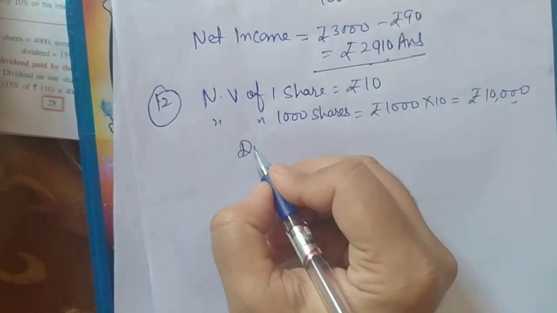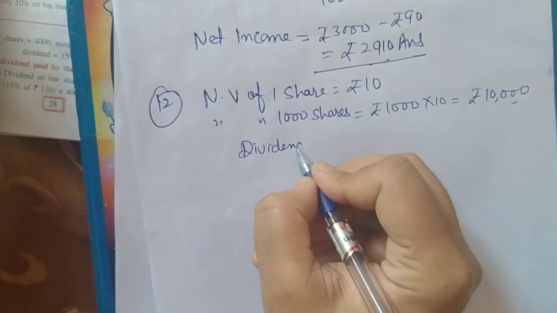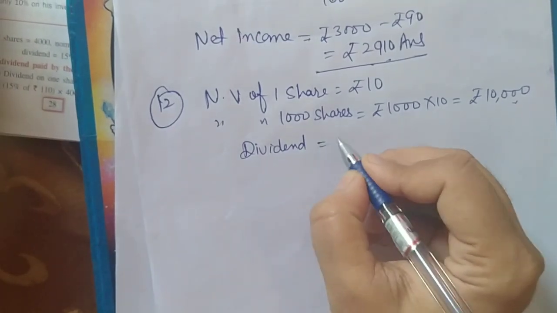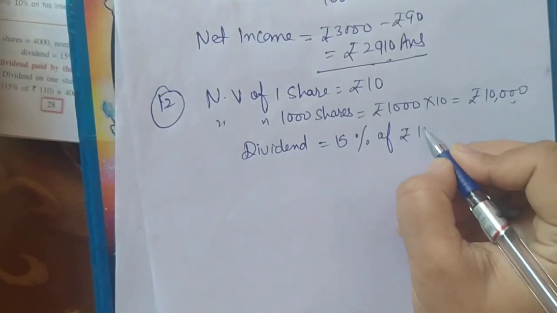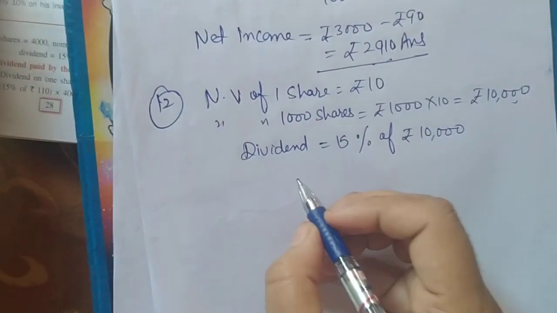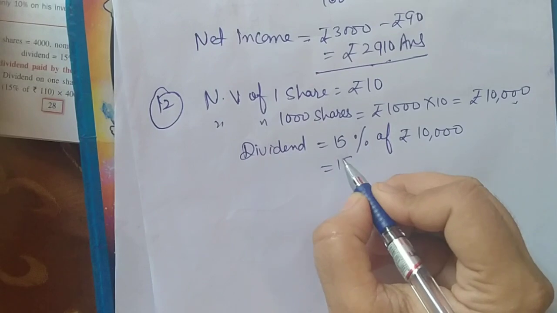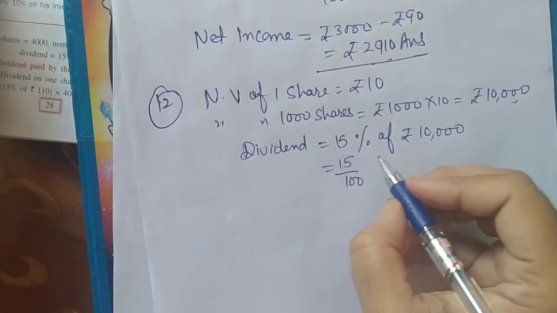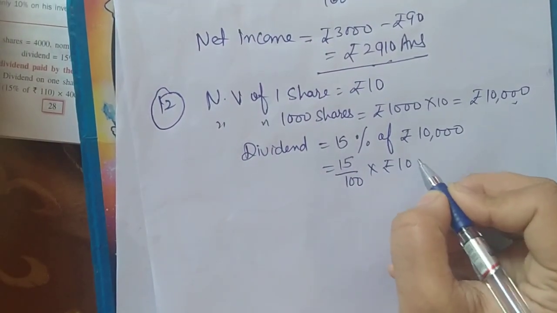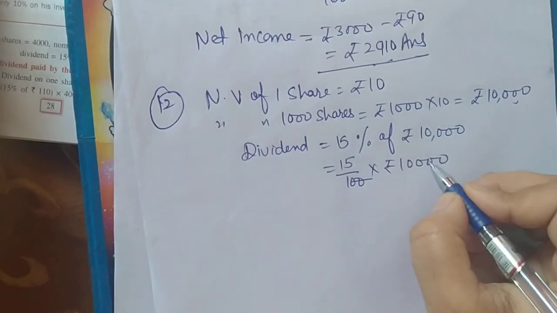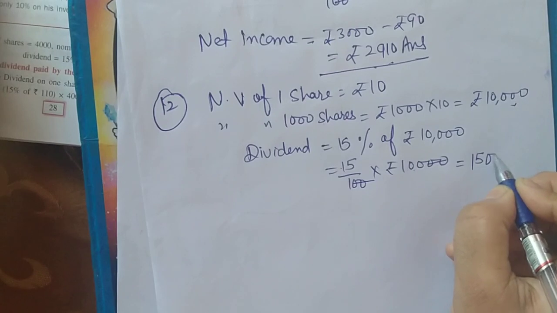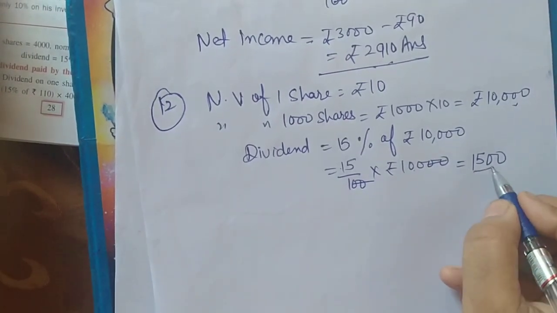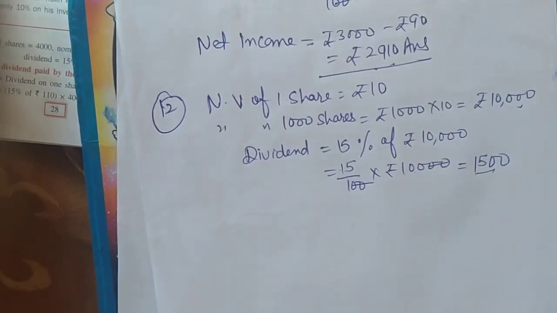Dividend means profit got by the person is 15%, that is 15% of rupees 10,000. So it will be 15 upon 100 multiplied by rupees 10,000, which is 1500. On this profit he has to pay the tax.